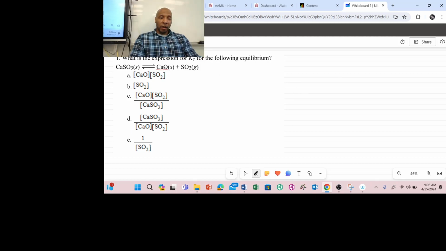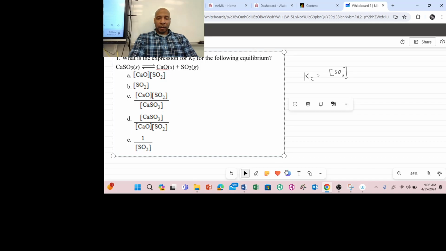So that means I'm not going to include calcium oxide or calcium sulfite in my equilibrium expression because they're solids. So Kc is going to equal the SO2 concentration. I know you're saying to yourself, wow, that doesn't feel right, but that's the way it's supposed to be done. So the answer to number one is B, right?